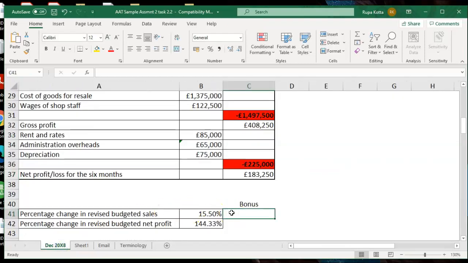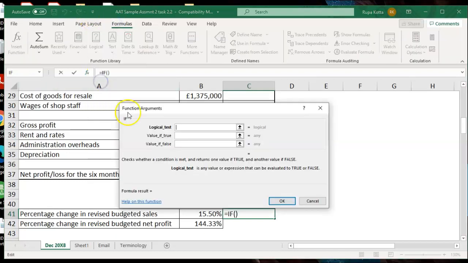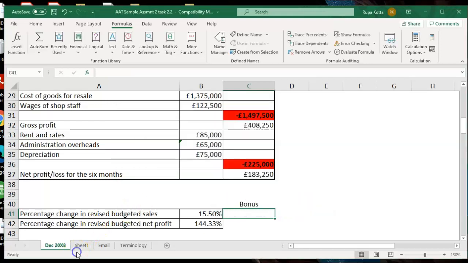So bonus equal to logical if this one is greater than or equal to 15%, you want to calculate the bonus. Sorry, I forgot where to calculate the bonus.